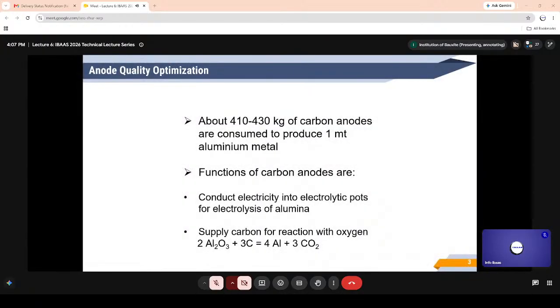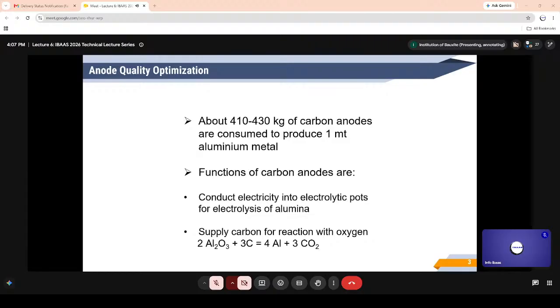The carbon anodes conduct electricity into cells and provide carbon for the reaction with oxygen released during electrolysis of alumina. About 400 to 440 kilograms of carbon anodes are used for 1 ton of aluminium production.